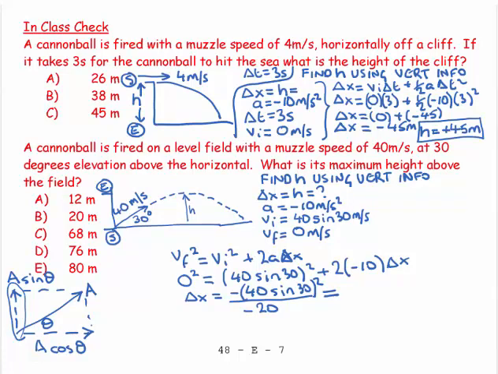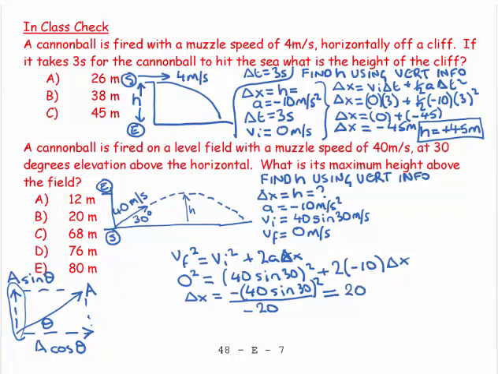and here I get my calculator and I check that it's on degrees, and I say 40 sine 30. That gives me 20. I square that. That gives me 400. I divide it by 20. That gives me 20.